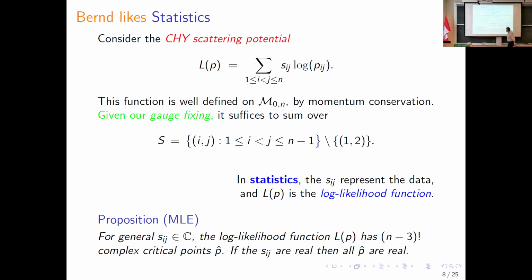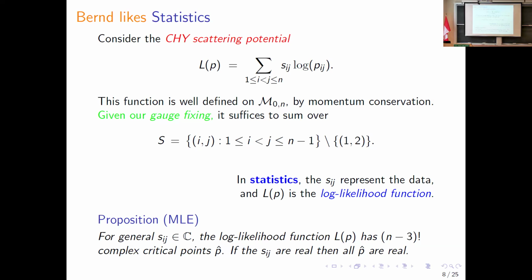And if the s_ij are real, then all the critical points are real. This is sometimes known as Varchenko's theorem. So if you have the log likelihood function, or master function, on a hyperplane arrangement, then for real data, all the critical points will be real. Okay, this is the setting. The setting is we have this, and we have that.